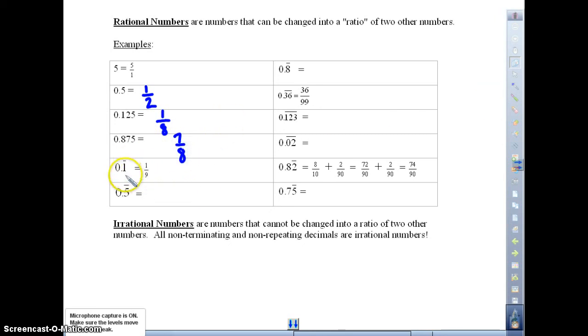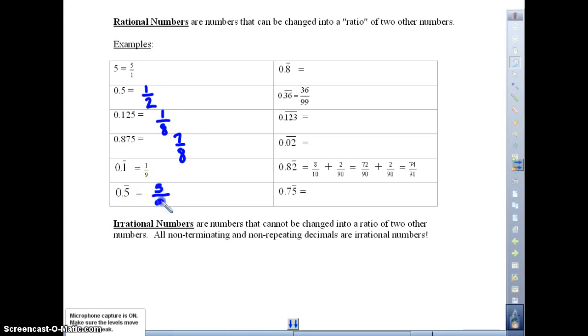Okay, I hope you guys remember from the beginning of the year when we were doing fraction to decimal conversions, I showed you guys that 1/9 is 0.11111 and 2/9 is 0.22222 and 3/9 is 0.33333. So 0.1 repeating is 1/9, and that's the ratio of two numbers. How about 0.5 repeating? 0.55555 is what as a ratio?